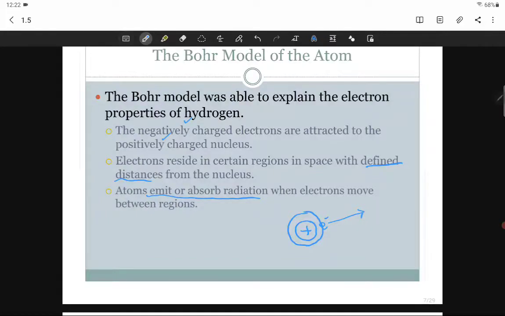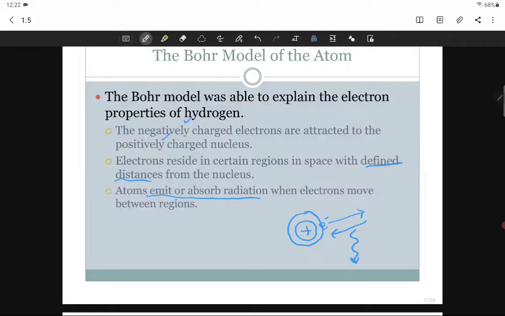At some point, just like if you threw a ball, gravity would act upon it. Well, the positive and negative attraction would act upon that electron, and it would fall back down. And when it fell back down, it would release energy.